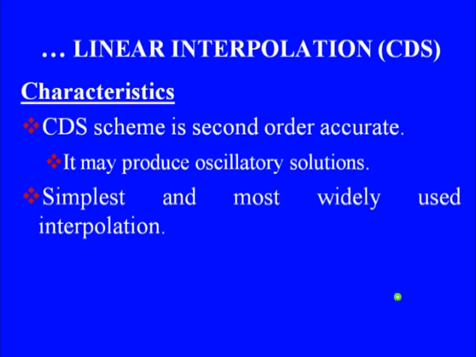We need to worry about oscillations only when the grid spacing is fairly large. With small grid spacings, we do not have to worry about the oscillations, and in that case CDS gives us a choice of a very good and very simple second order accurate scheme. So, that is the reason why it is used very commonly, especially in flow simulations which require the use of fine spatial and temporal grids.